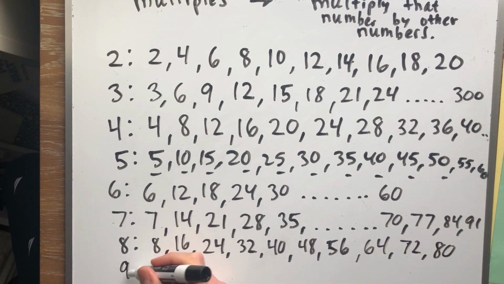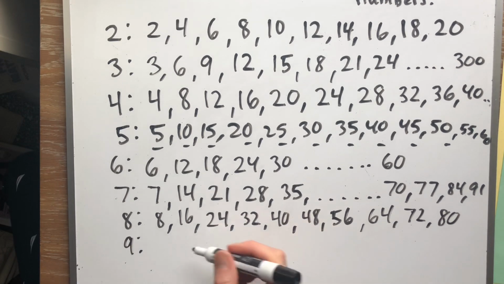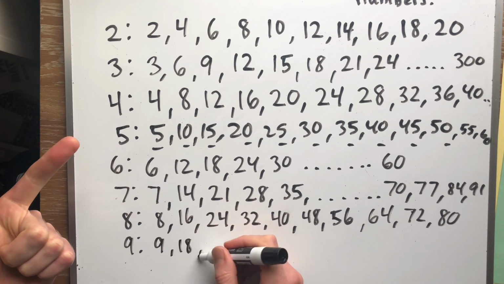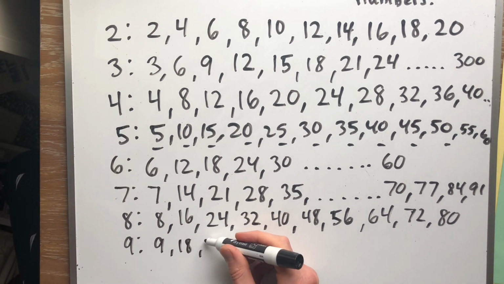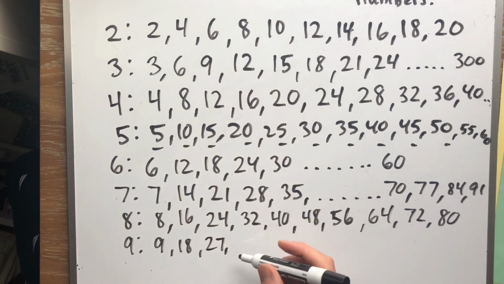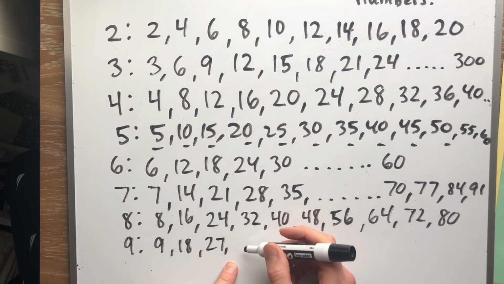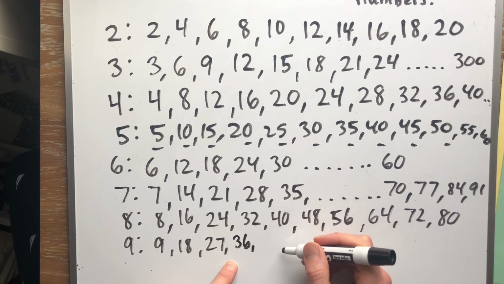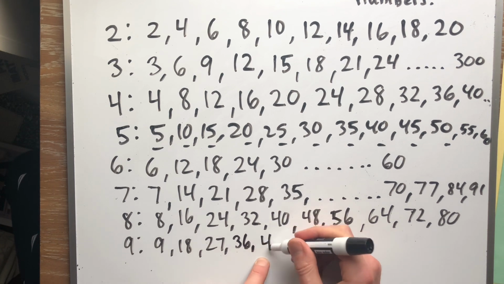And let's do 9s. Well, we know the first one, 9, but do you know the second one? 18. 9 times 3, 27. So we're doing the multiples of 9. What's the fourth multiple of 9? 36. What's the fifth multiple of 9, also known as 9 times 5? 45.